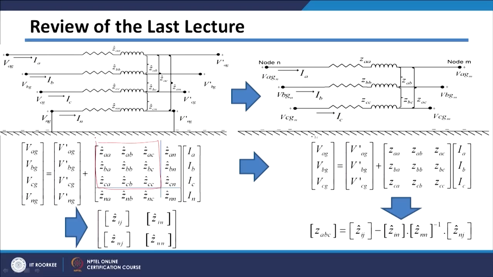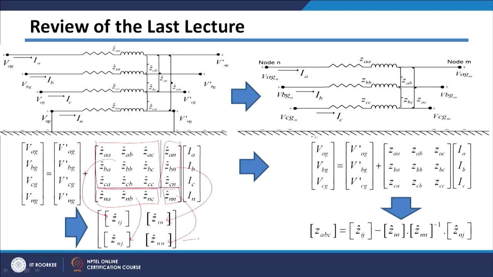These are the phase conductors A, B, C, and all the columns and rows related to ground conductors are separated out. Basically, this matrix we call ZIJ, this matrix ZIN, this matrix ZNJ, and this remaining one term is ZNN.